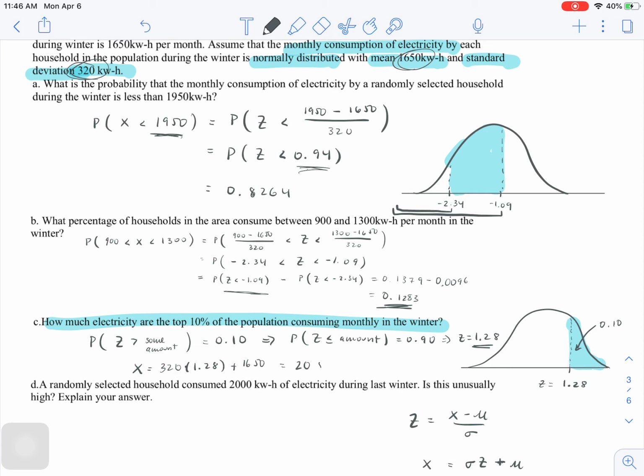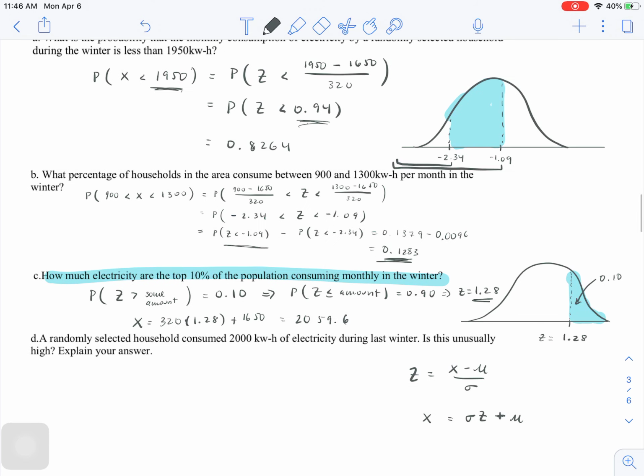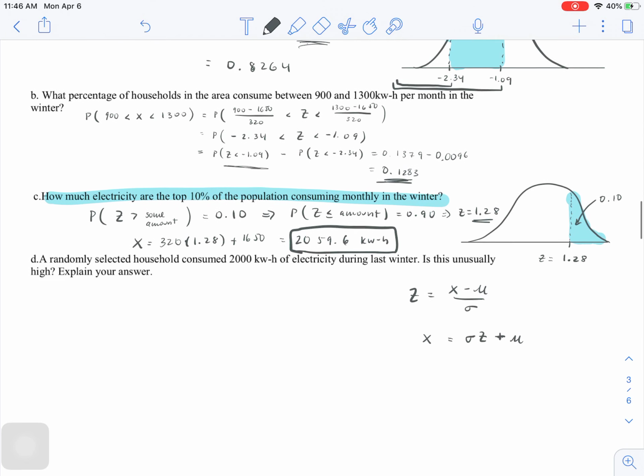If I put that into my calculator, that's about 2059.6 kilowatt hours. So I know that to be in the top 10% of consumers of electricity in the winter, you need to consume at least 2059.6 kilowatt hours of energy.